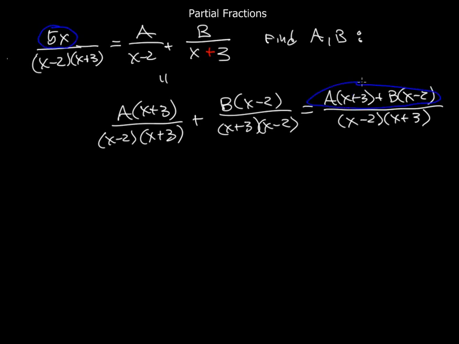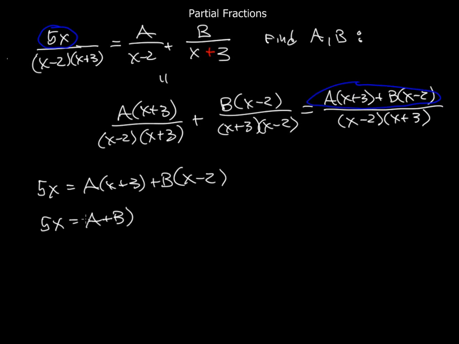So for these two things to be equal, these things circled in blue have to be equal, which is to say 5x has to equal a times x plus 3 plus b times x minus 2. And that says that 5x is equal to a plus b times x, plus 3a minus 2b, grouping things by the power of x.